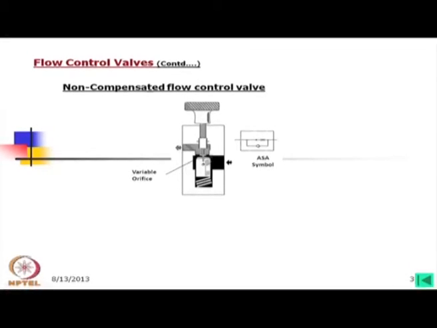Here this orifice is variable, the area of which can be controlled by rotating this knob. Depending on the area, the flow will be throttled and there will be control of flow. That means the flow rate will reduce or increase depending upon the orifice area allowed to flow.